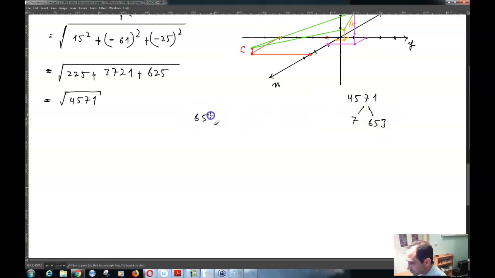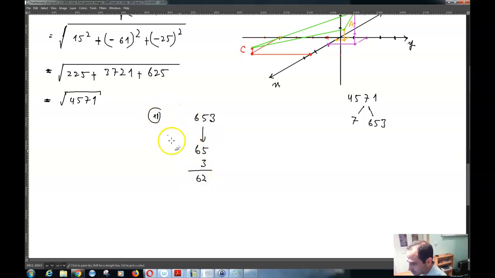So if you have 653, and you want to know if your number is divisible by 11 or not, you have to subtract the last digit from the remaining leading truncated number. You truncate your number and then simply subtract this digit from this number, which is 65 minus 3, equal to 62.